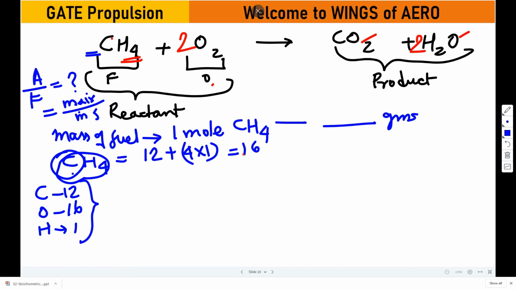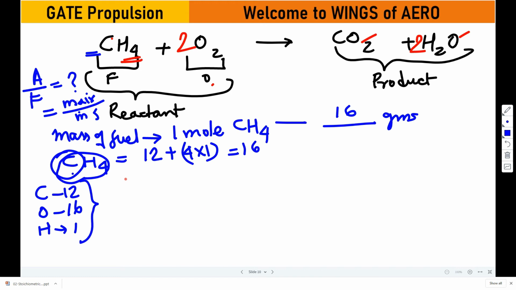So we have 16, and that is the molecular mass, converted in terms of grams. I think you have studied all these things in chemistry, so the same principle we apply over here. We have got the molecular mass of fuel.